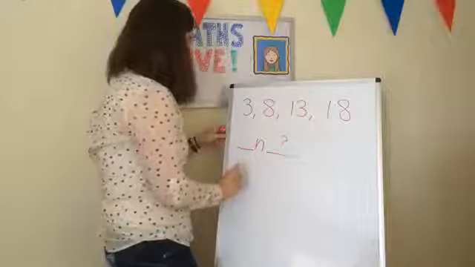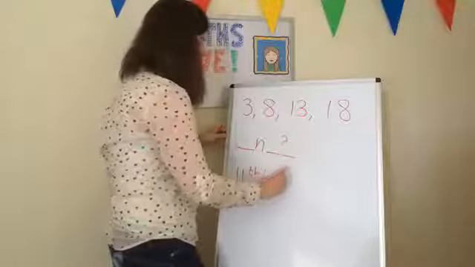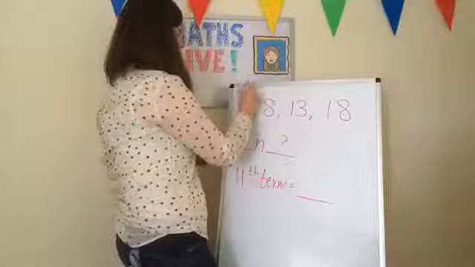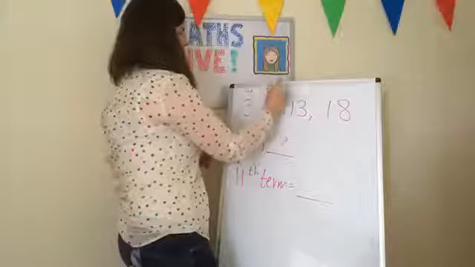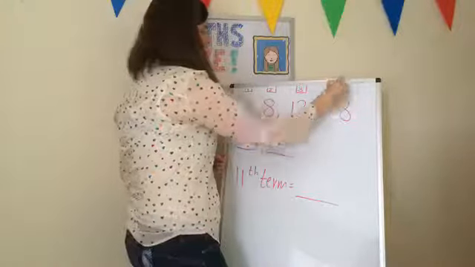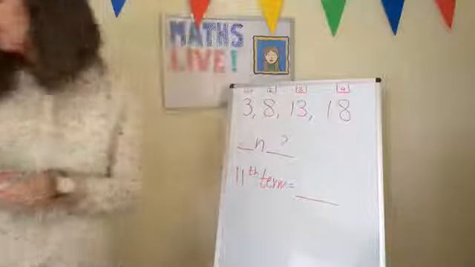And I'd also like the 11th term of the sequence, please. So what is the 11th term? So this is the first term, second term, third term, fourth term. So I want you to find the formula and then use that to find the 11th term.